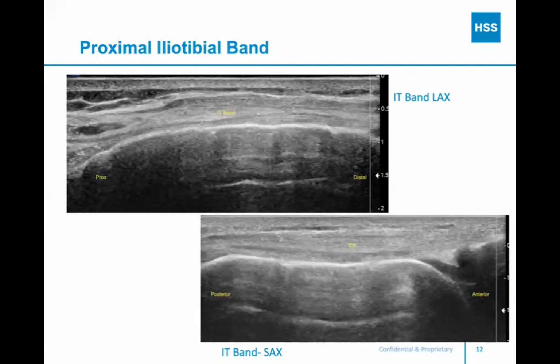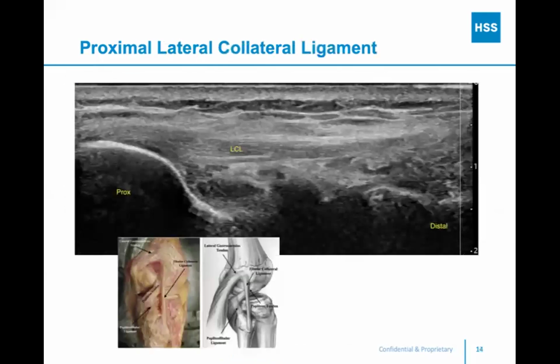It's oftentimes longer than the footprint of our transducer, so you can't get both the femoral and fibular origins in the same image. So like you did, there's oftentimes a distal picture and a proximal picture. As machines get better and you get more experience, you can do a panoramic view on that structure and get that whole distance.